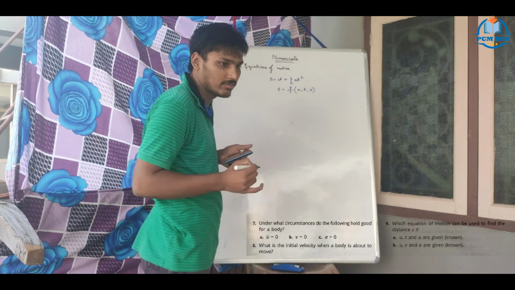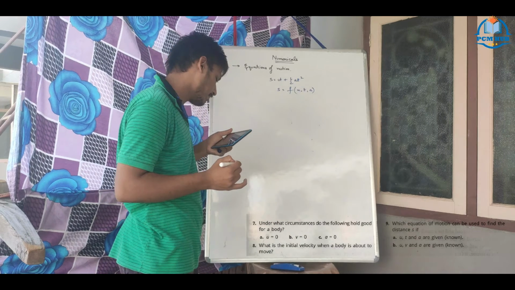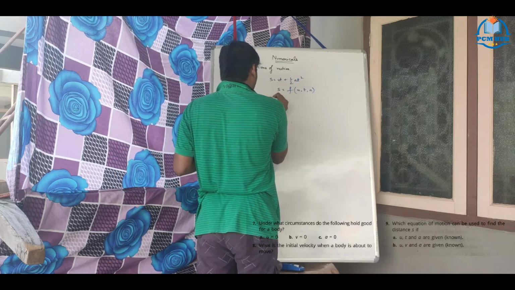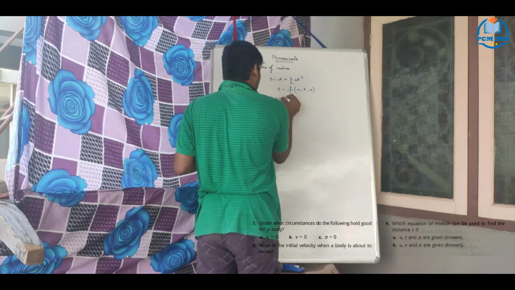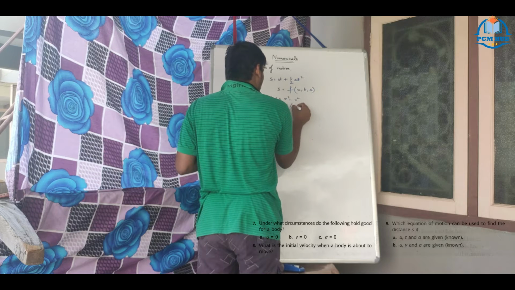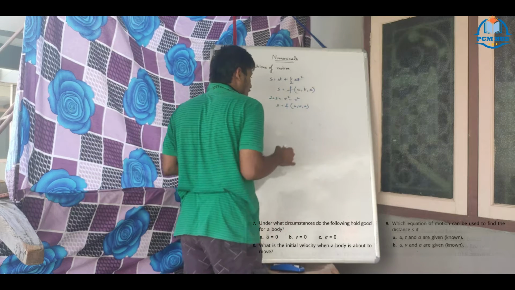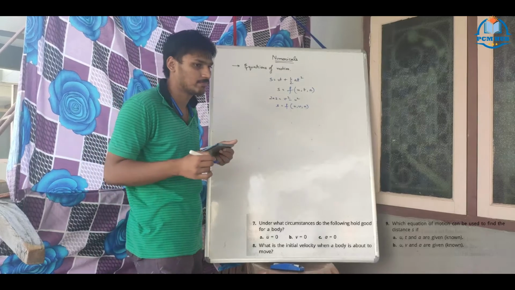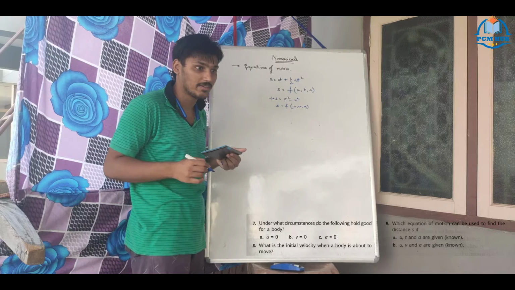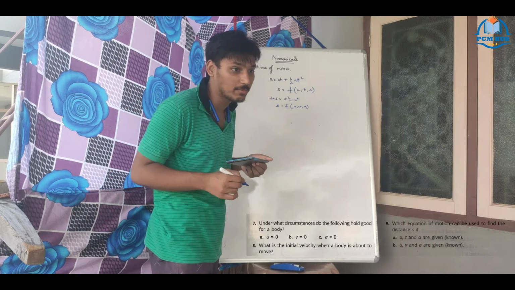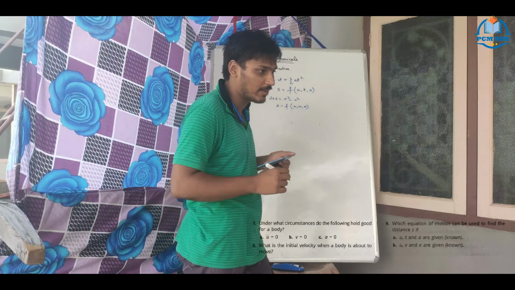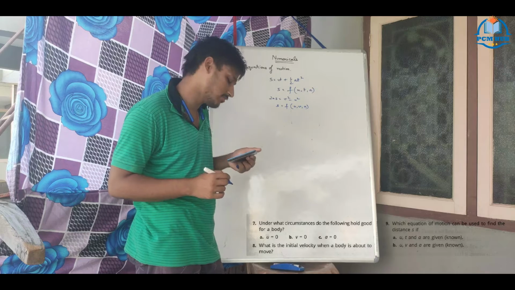And in the other one, 2as equal to v square minus u square, s is a function of u, v, a. Function, dependent and independent variables, I already discussed in maths in the 4th chapter, linear equations in two variables. Dependent variables, independent variables, right?